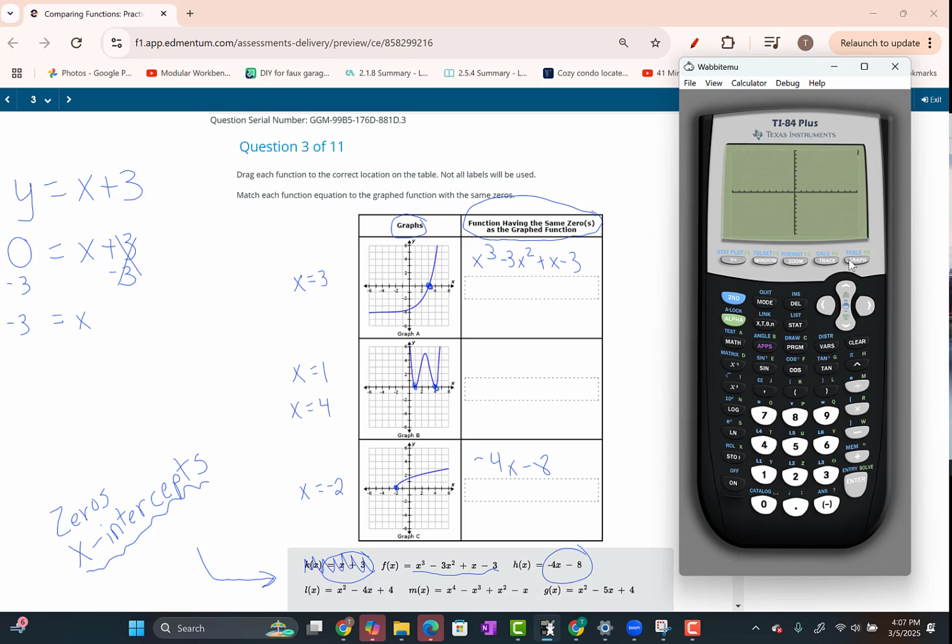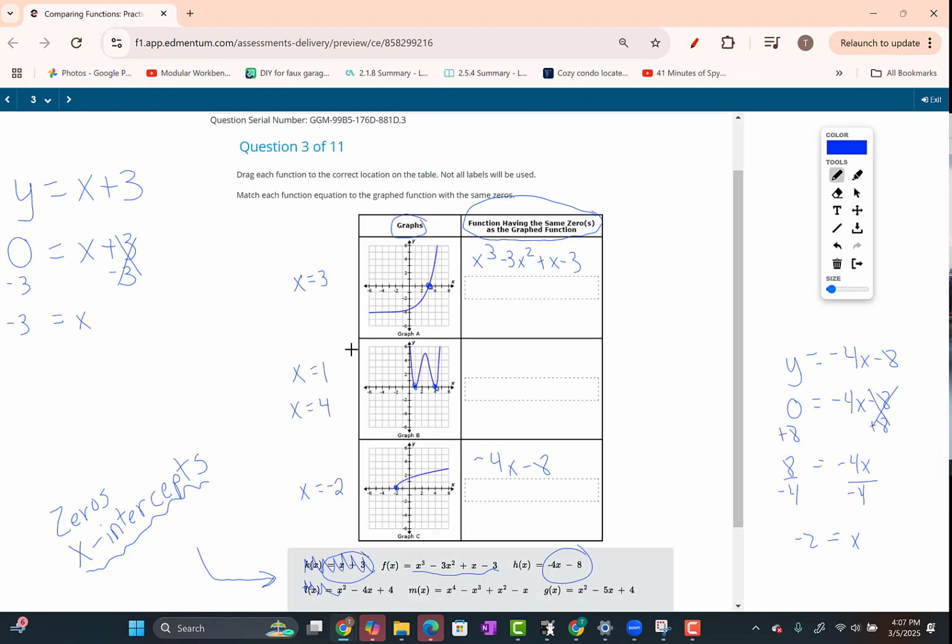Graph it. This should only touch once, and yeah. It's kind of tough to tell, but I can see that it crosses at x equals positive 2, which is not one of our matches up here. It's got a zero of 2, so we can mark this one out. Let's check the next one.